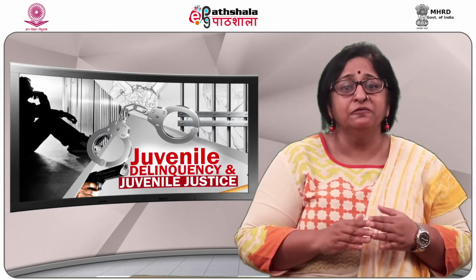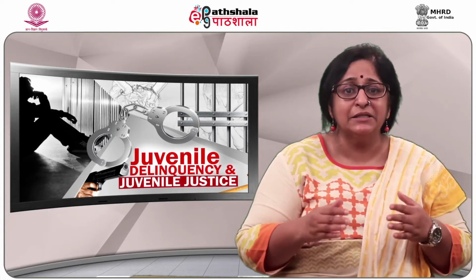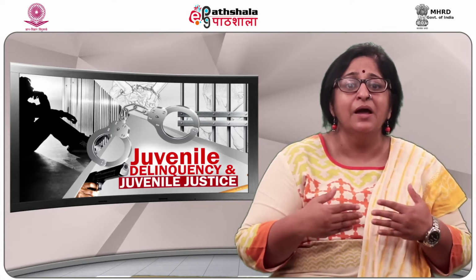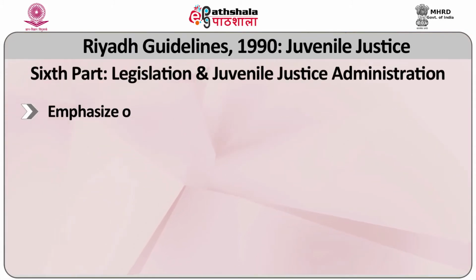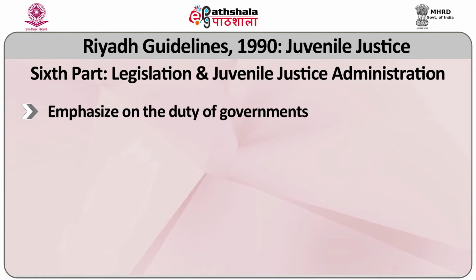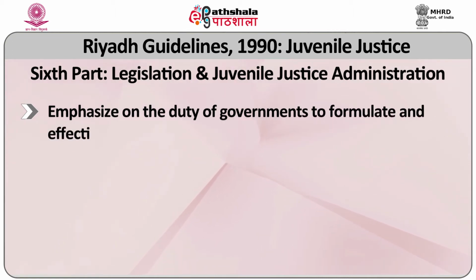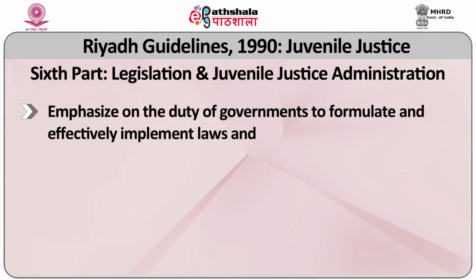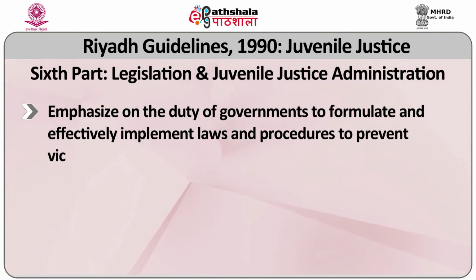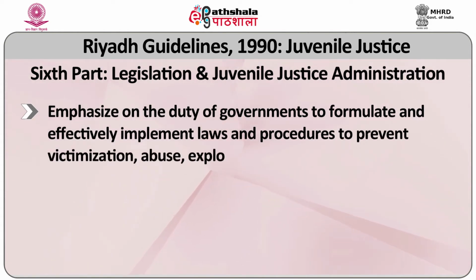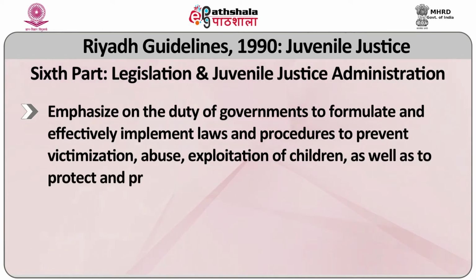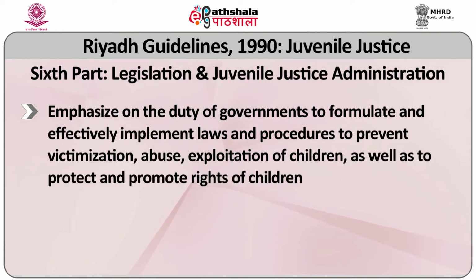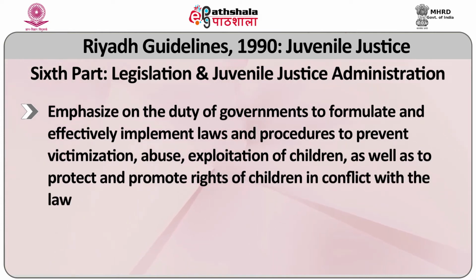The sixth part of these guidelines deal with legislation and juvenile justice administration. The guidelines emphasize on the duty of the governments to formulate and to effectively implement laws and procedures to prevent victimization, abuse, exploitation of children, as well as to protect and promote rights of children in conflict with the law.